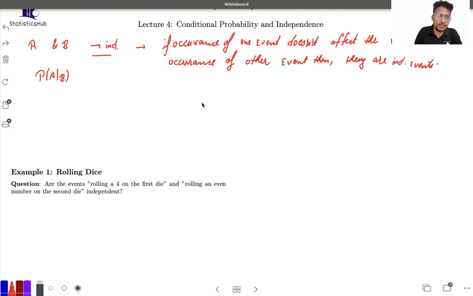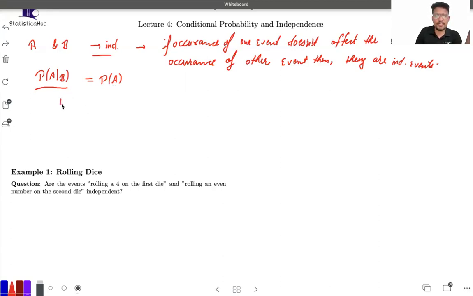Okay, simple concept. So in this case, if you say probability of A given B, that will simply come out to be probability of A. Because the A event is not affected by the event B. So we are not concerned whether B has occurred or not.